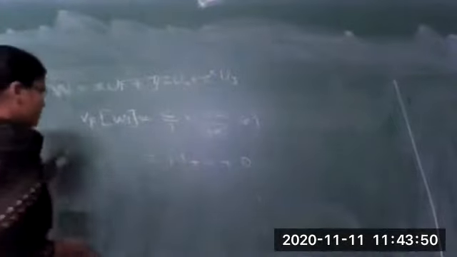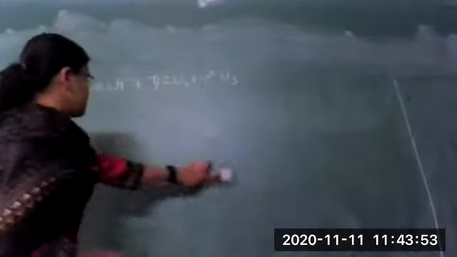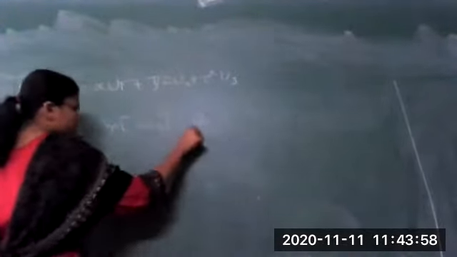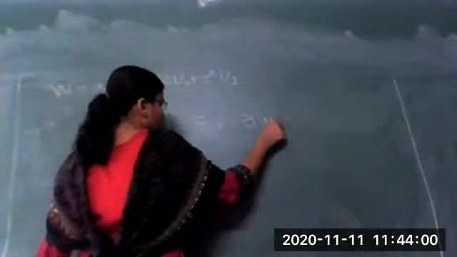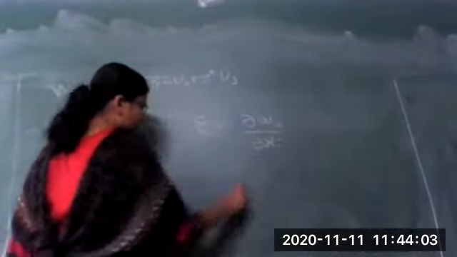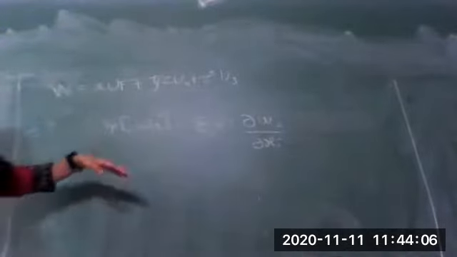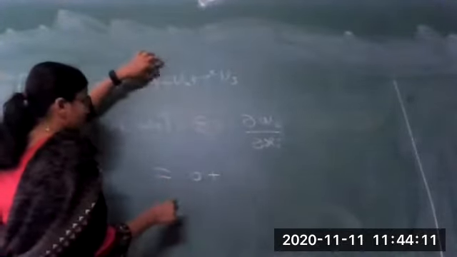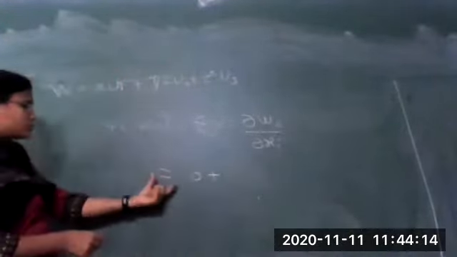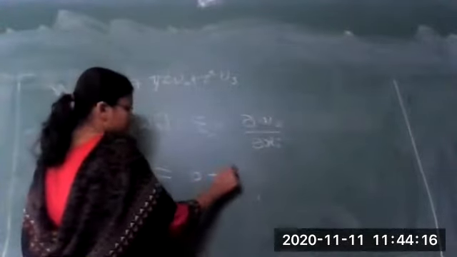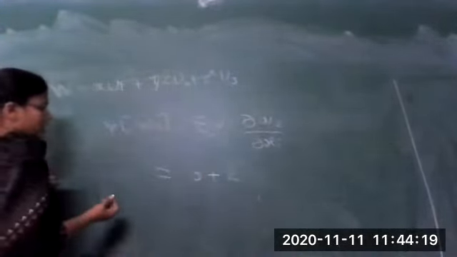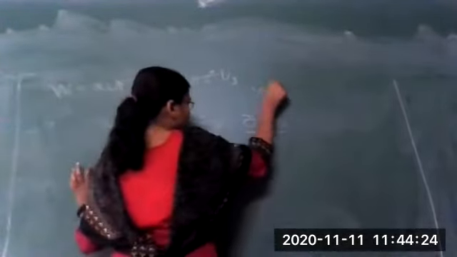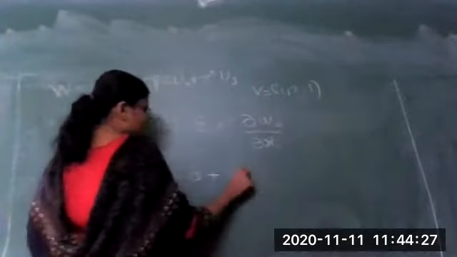Next we have to find V_P W2, the summation over i of V_i times the partial derivative of W2 with respect to x_i. First with respect to x: this is not a function of x, so it will be 0. The derivative with respect to y is z, and the coefficient is 2.